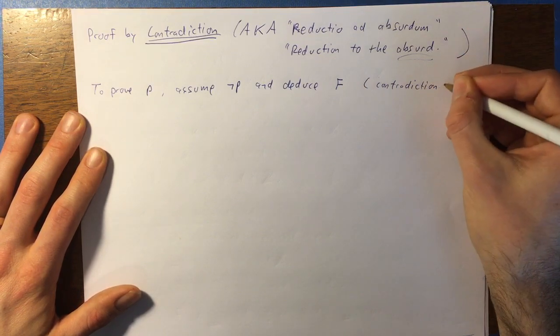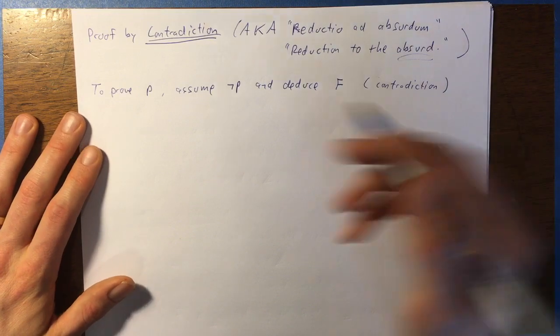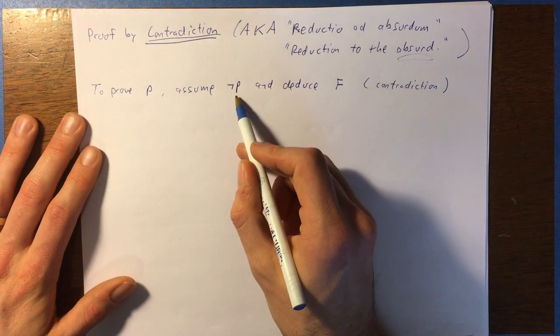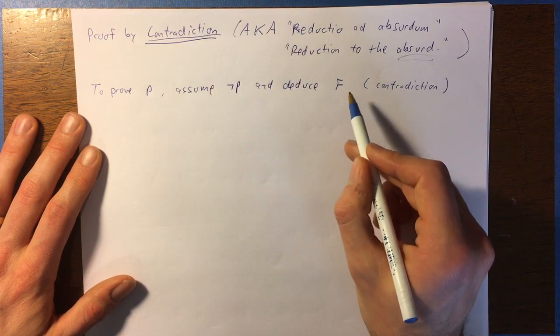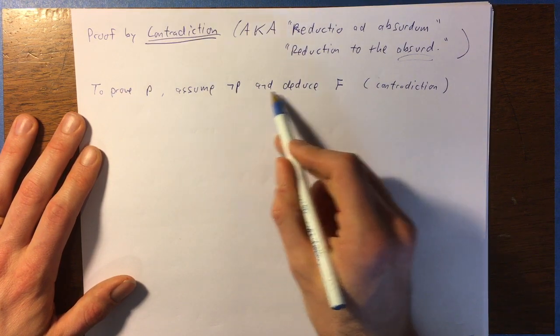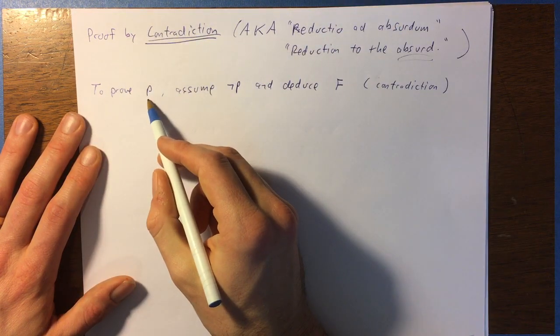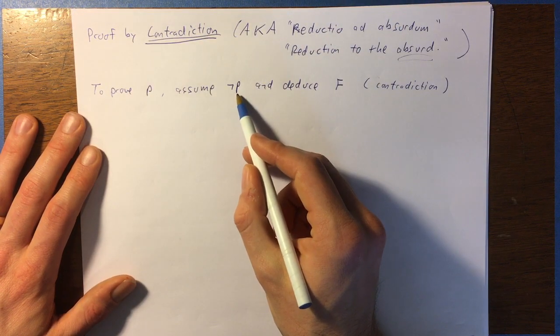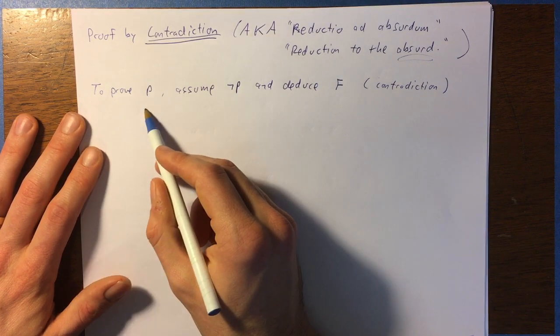And it doesn't really matter what falsehood it is. It could be anything false. You assume the negation of the thing you're trying to prove, and from that, you deduce some kind of contradiction. As long as this negation leads to a contradiction, then the opposite must in fact be true, because this can't be true if it leads to a contradiction.